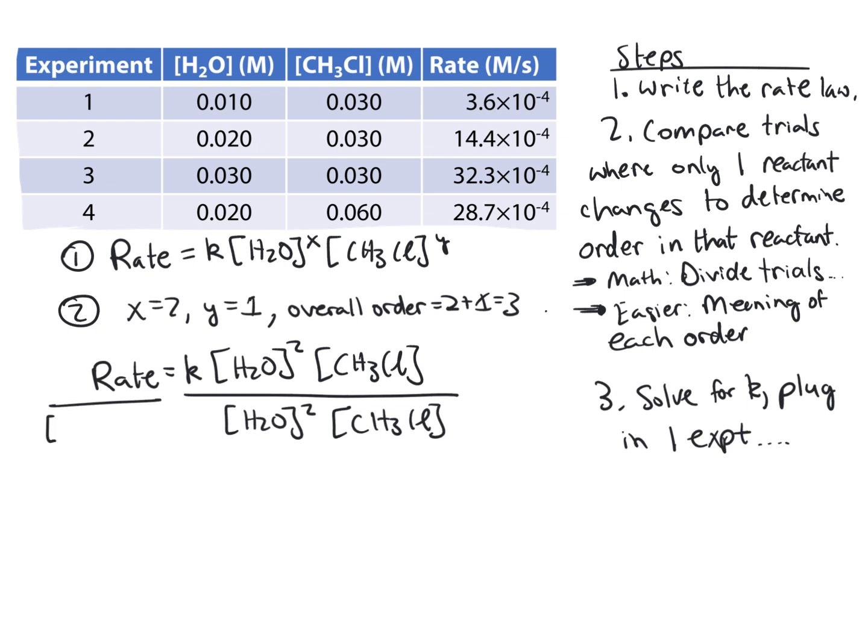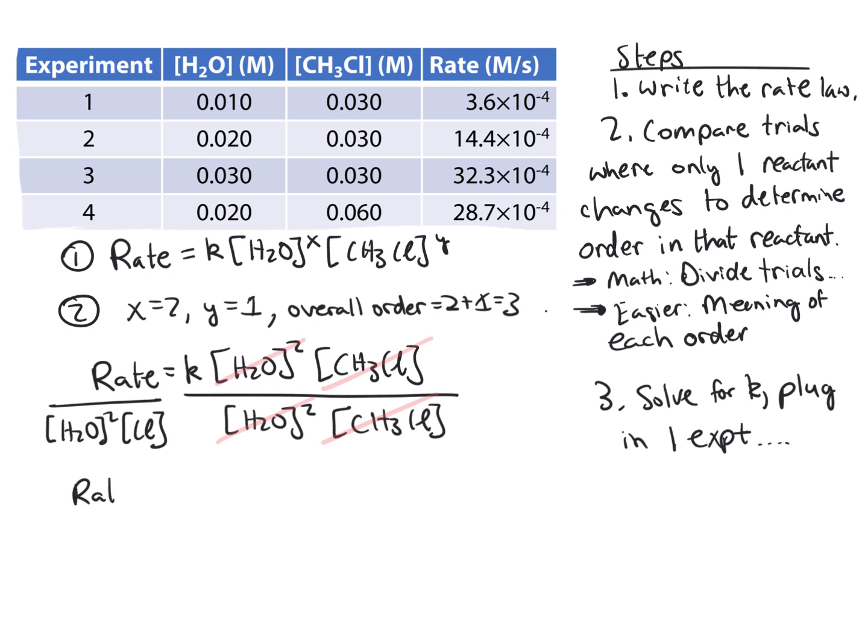So a little bit more algebra here than on exam 1. Definitely that's a trend on exam 2. But again, if you keep practicing it, you should definitely be able to do it. Now, if I just double check everything, H2O squared canceled, CH3Cl canceled.